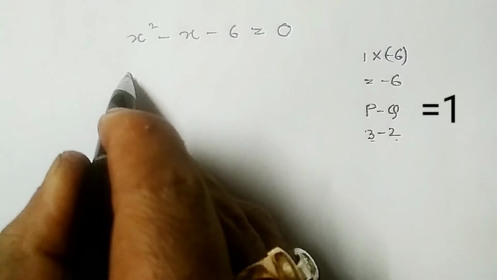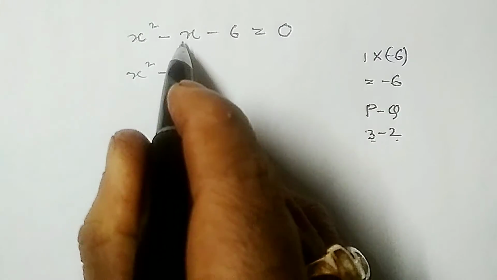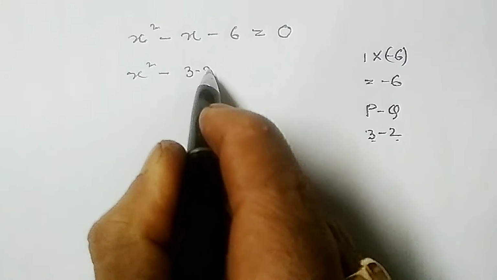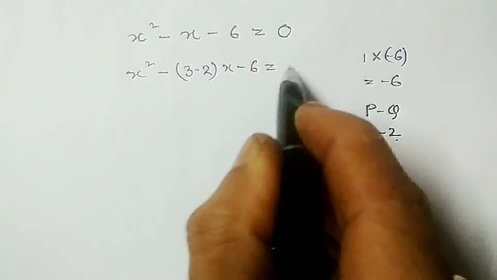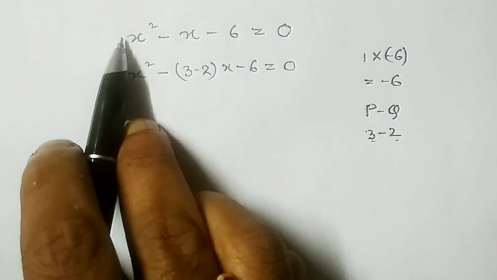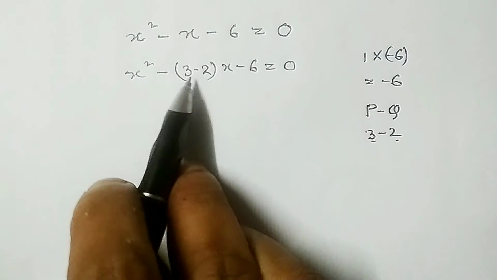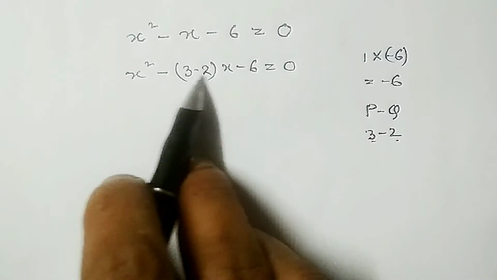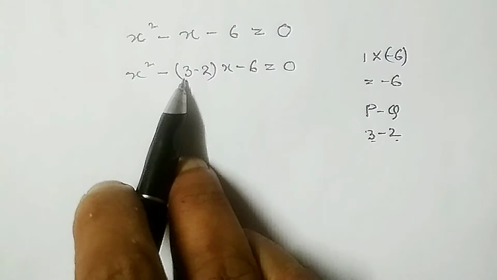So x square minus 1x, instead of 1 we write 3 minus 2, x minus 6 equals 0. Always remember, after multiplying the coefficient of x square and the constant term, if the result is negative, we need two numbers whose difference is the coefficient of x. Here it is 1, so we write 3 minus 2.